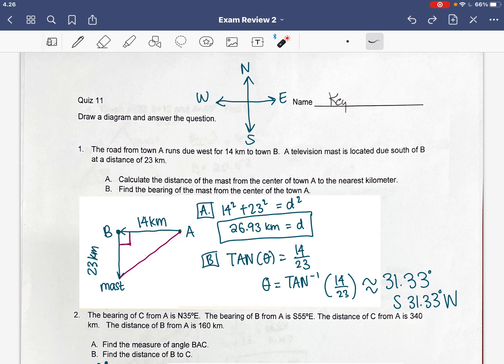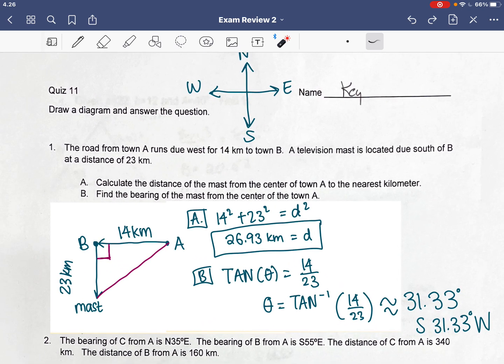So they say from A to B is 14 kilometers. And they say a television mast is located due south of B. So we go straight down. So that's the television mast. Okay. And then they gave us the distance for that.